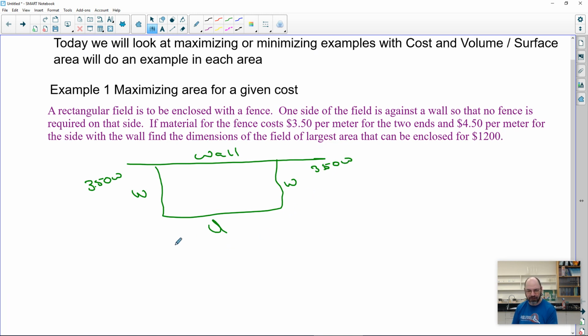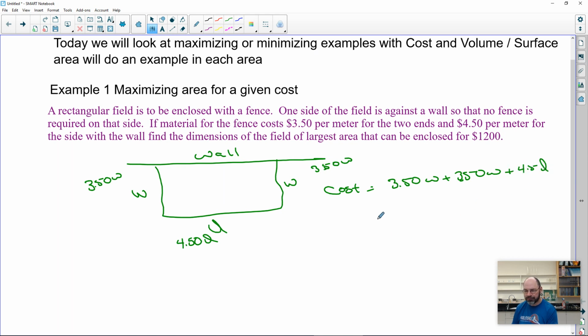And this one here is actually $4.50 L. So our cost then equals $3.50 W plus $3.50 W plus $4.50 L.